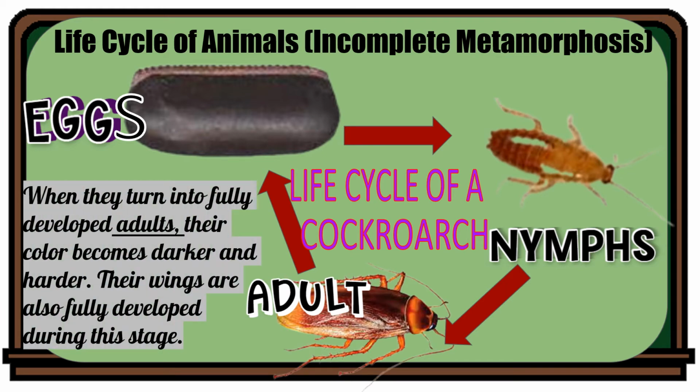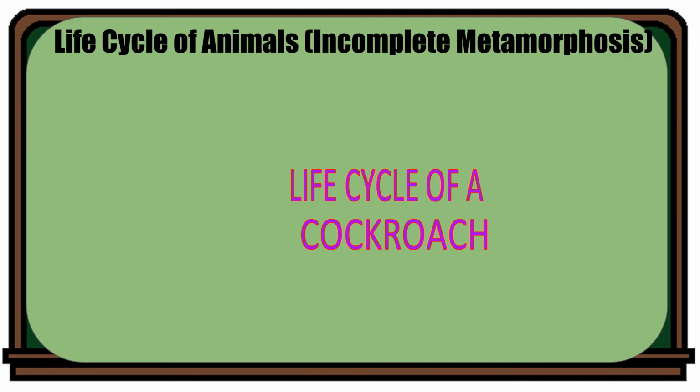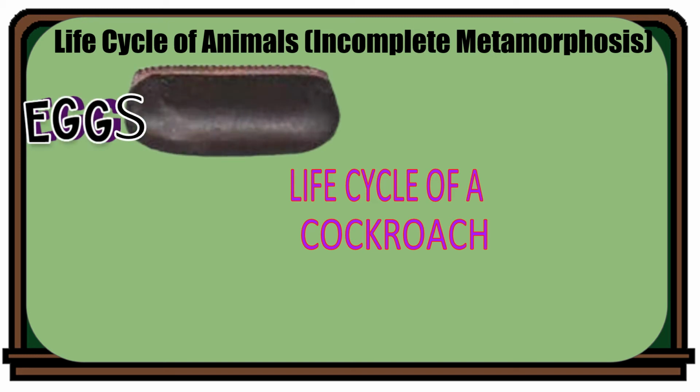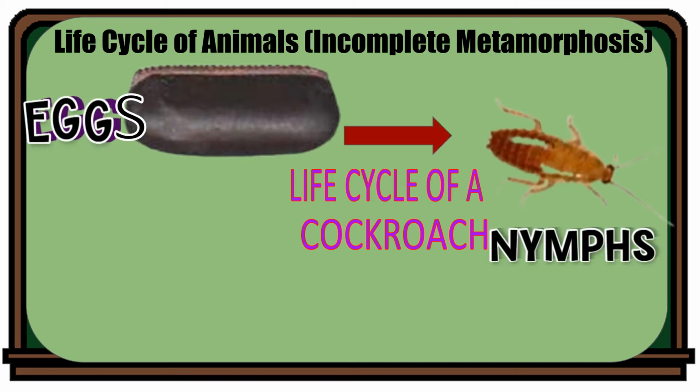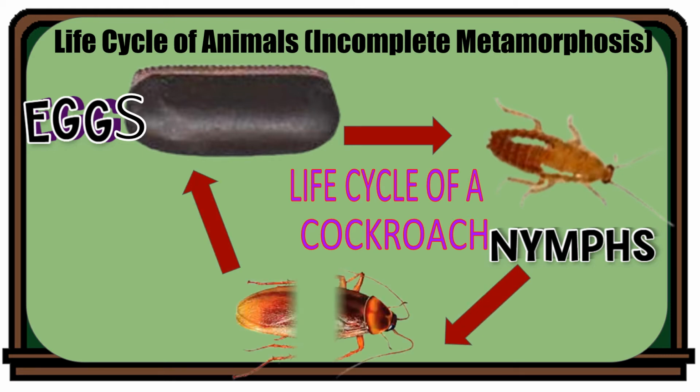When they turn into fully developed adults, their color becomes darker and harder. Their wings are fully developed during this stage. The 3 stages in the life cycle of a cockroach are: first, eggs, second, nymphs, and the third is adult.